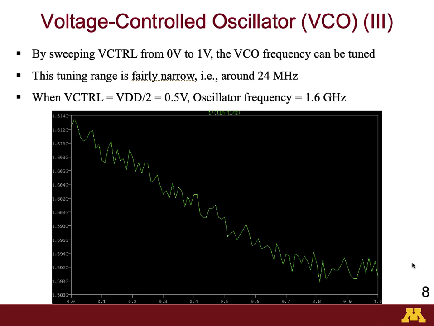Also, when VCTRL is at VDD over 2, or 0.5 volt, or 500 millivolt, the oscillator frequency is exactly at 1.6 gigahertz, meaning that we are keeping the provision for the PLL loop to drift either way and get corrected by tuning of the VCTRL.